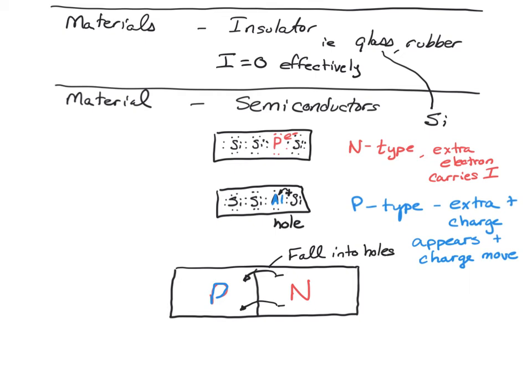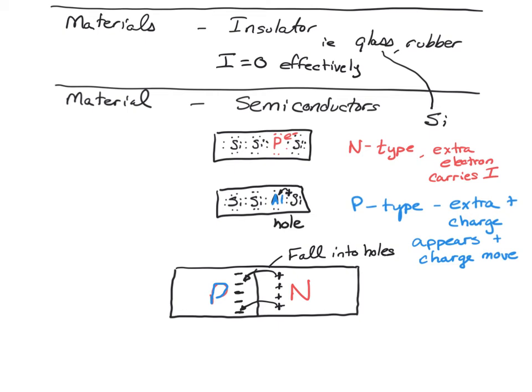And the effect is they keep falling into the holes, and what they do is they leave behind positive charge. So as they fall into the holes, what was a neutral material with the equal number of electrons and protons now has too many electrons. And what's left behind in the N-type is too many positive charges.